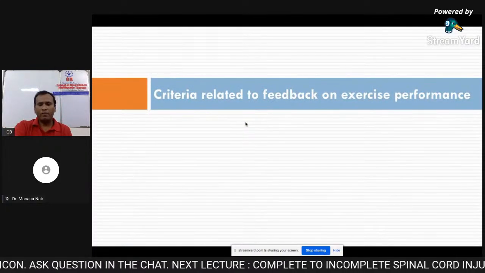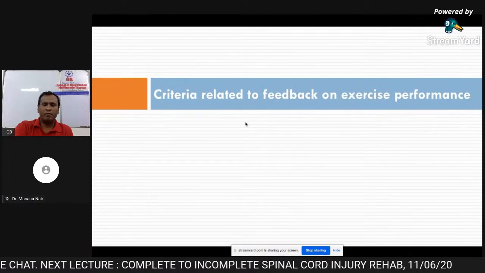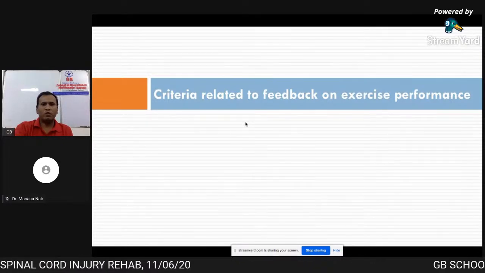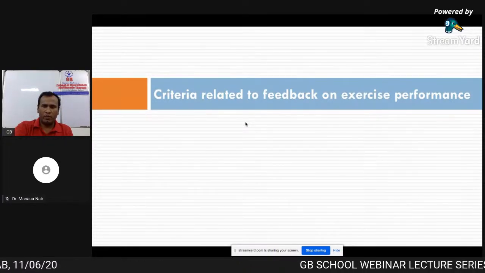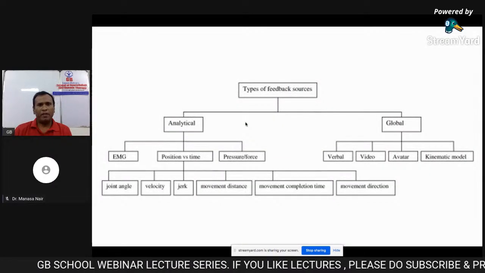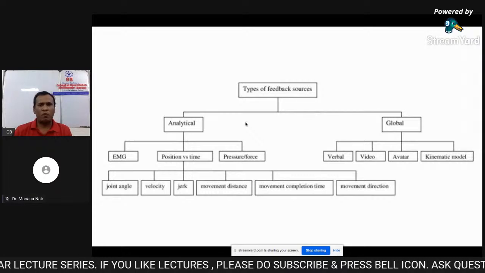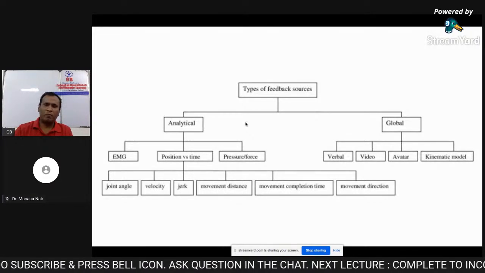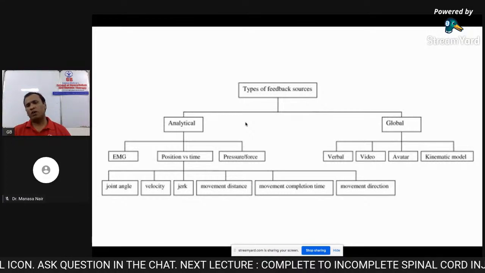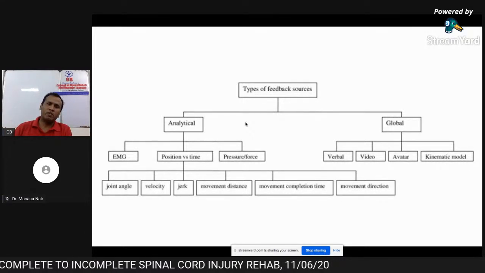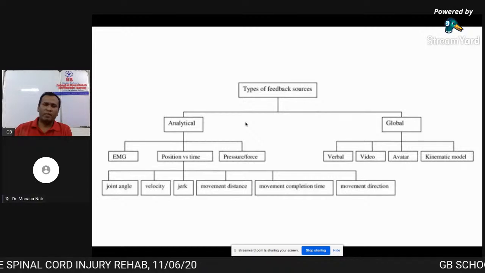As we discussed, we give too much instruction and feedback. So what points should be taken into account while giving feedback on exercise performance? The typical types of feedback can be analytical or global general feedback, like giving a video, or verbal feedback like you did a good job, or you can create an avatar using technology, or use a kinematic model.